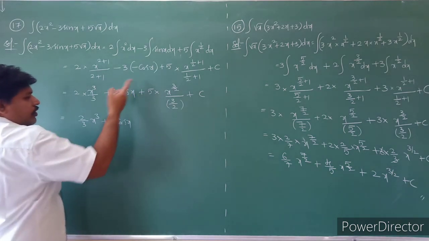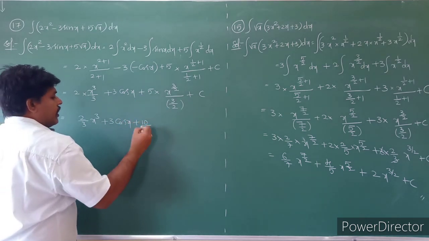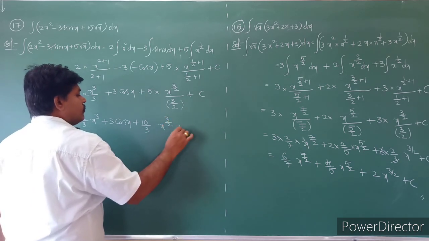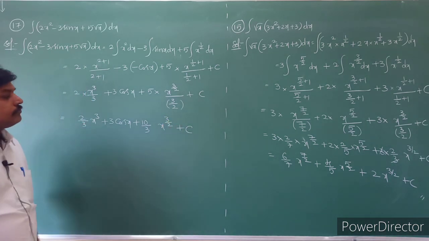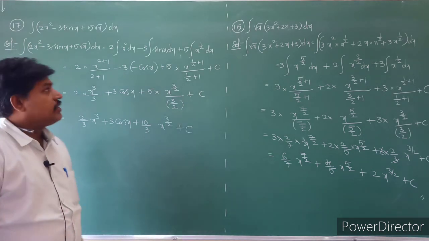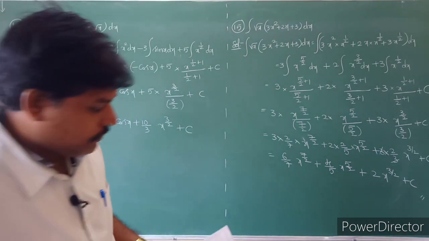Take this 3 by 2 to the numerator, 2 into 5 is 10, so 10 by 3 into x power 3 by 2 plus c. See that question, students?